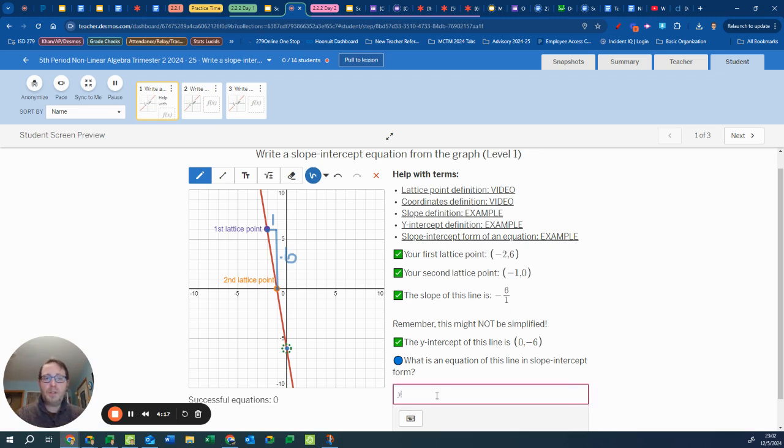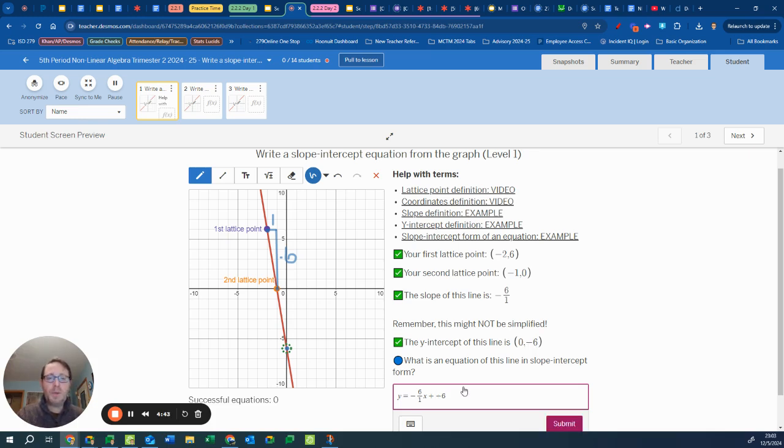What is an equation? I'm going to type y equals. And now I'm noticing that DESMOS has recorded everything I did, that hard work to get. So my slope, -6 divided by 1. Maybe you know that could just be -6. If you do, great. X, and then plus -6, my y coordinate of my y-intercept.